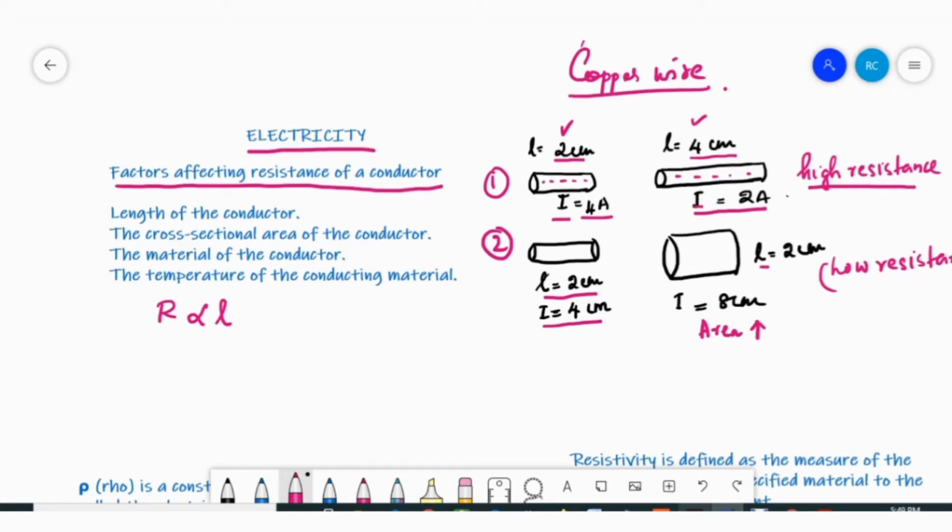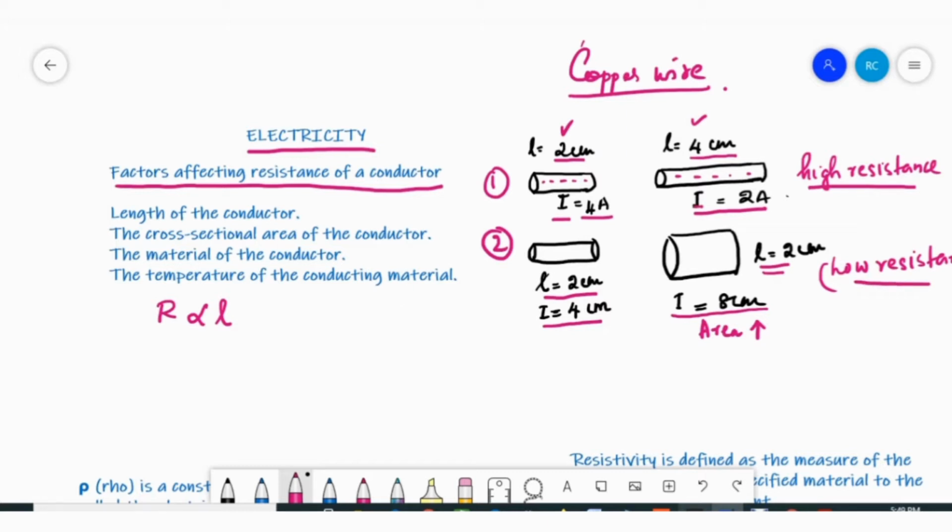So the length will be the same but the area is increased, area is doubled. So the ammeter reading shows that the current passing through the conductor is 8 ampere. So when you increase the area of cross section, the current will be more. If the current is more, it means that it will have a low resistance.